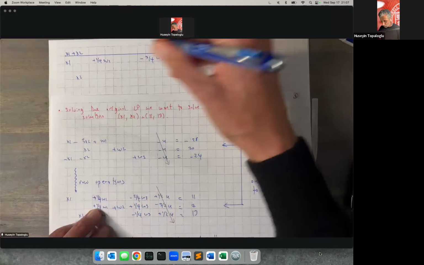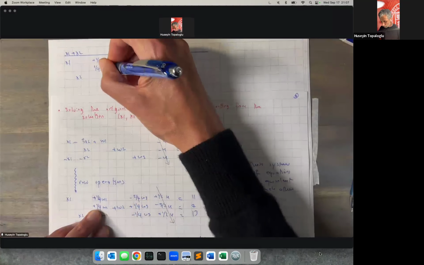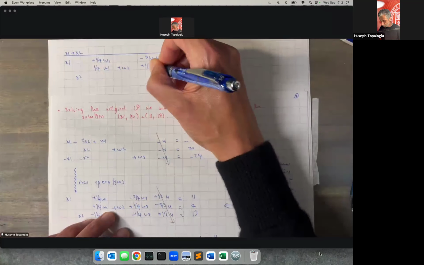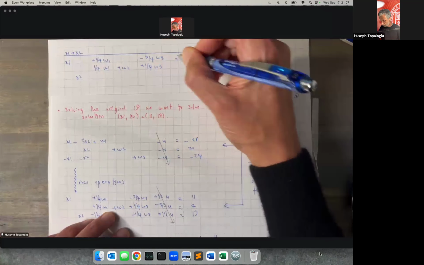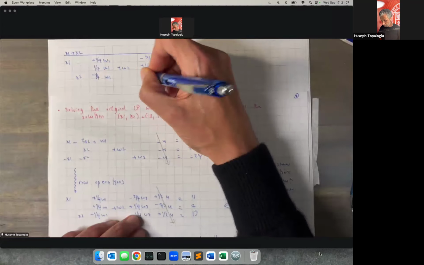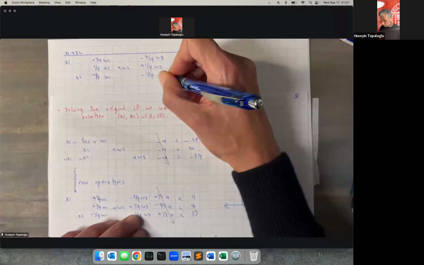Equals 11. 1 over 4 w1 here, plus w2, plus 1 over 4 w3 equals 7. And x2 minus 1 over 4 w1 minus 1 over 4 w3 equals 13. And let's put z on the right-hand side. Okay. Great.